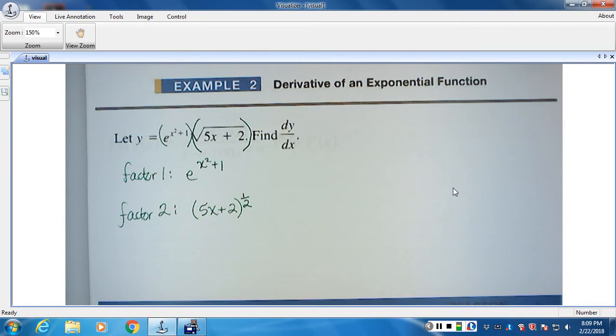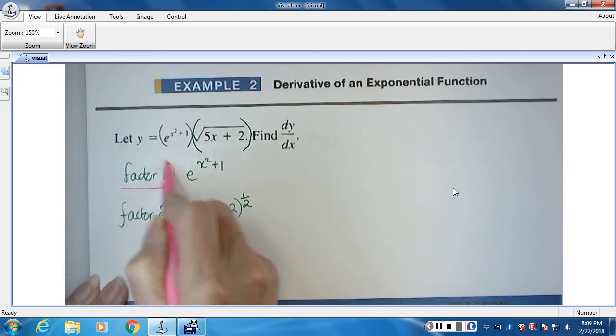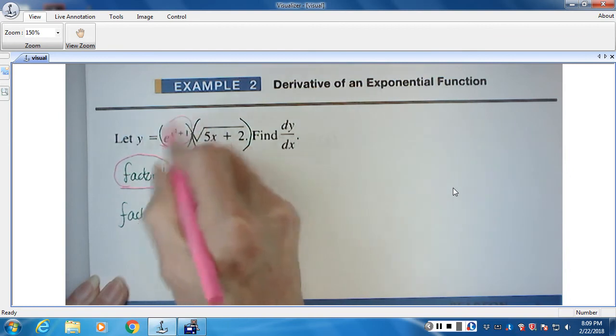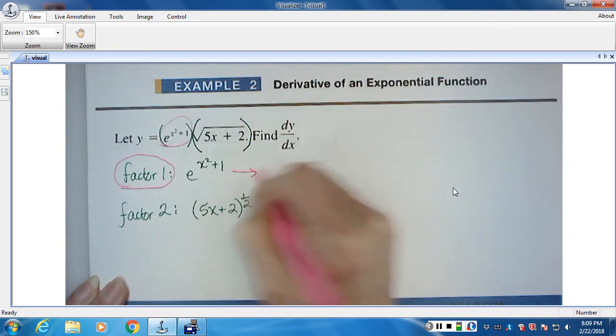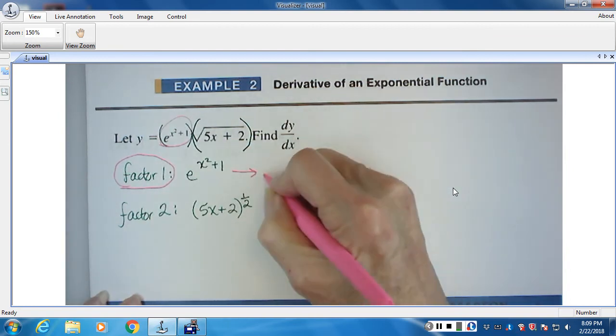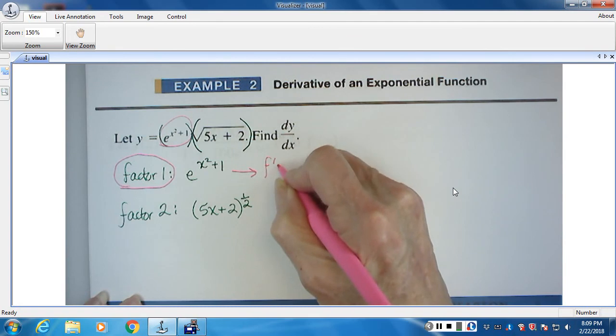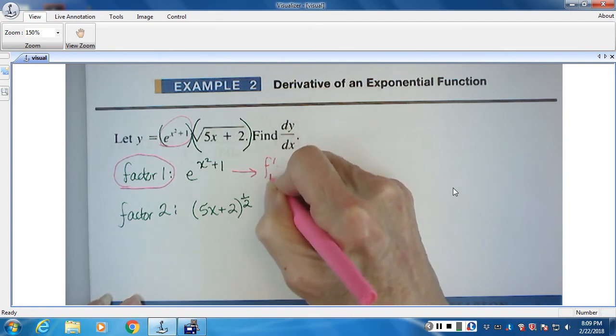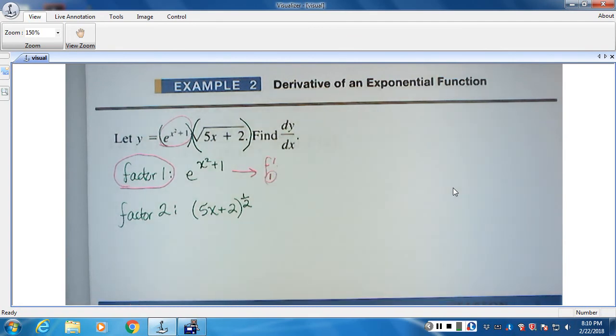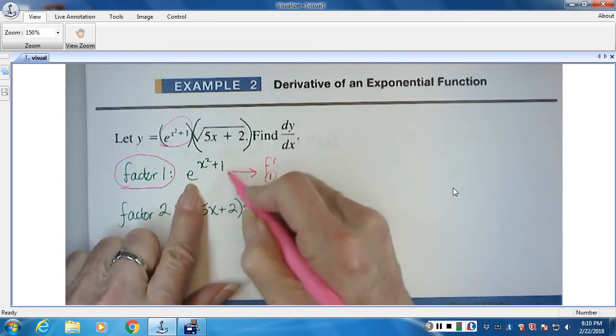So when you have product rule, you take each factor and take its derivative. So the derivative of factor 1, I'll call that f prime 1, is the derivative of e to the x squared plus 1.